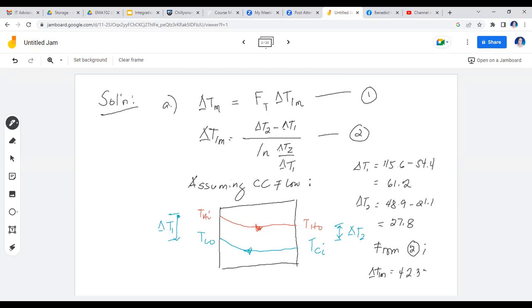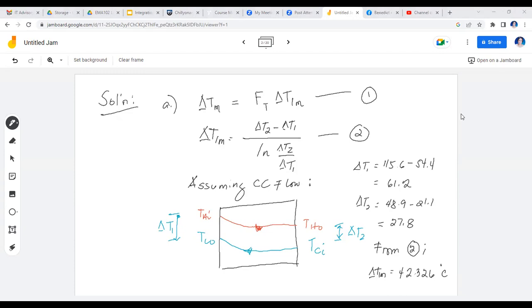So, 42.326 degrees Celsius. This is your delta T log mean. Please recheck my value. Mel is giving me a different value. So you have the ln of 27.8 divided by 61.2.